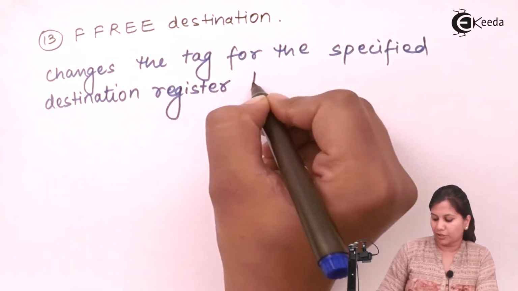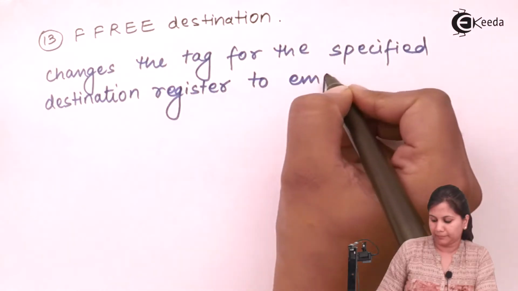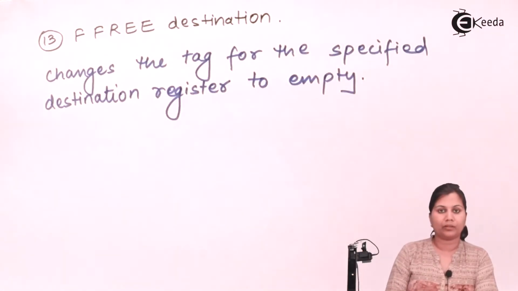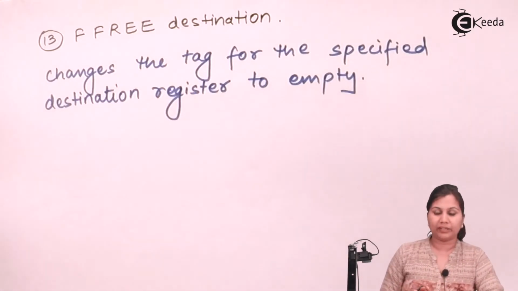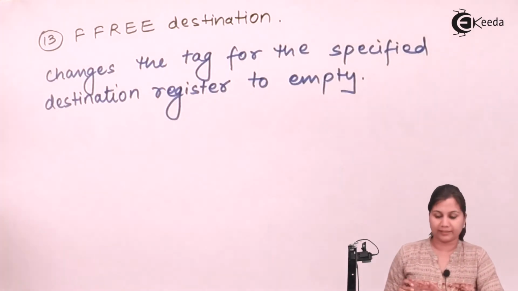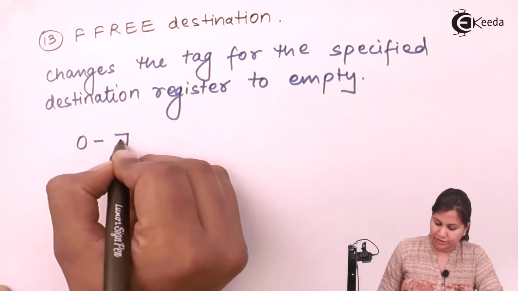And this tag is changed to empty. Okay. So in 8087, as I have said, stack, there are 8 registers.